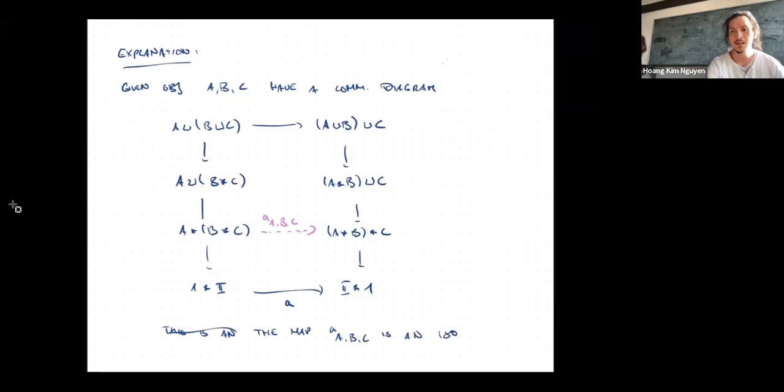Okay, now if we apply all these different notions of associator to the case of the terminal object, then we can write down the pentagon axiom.